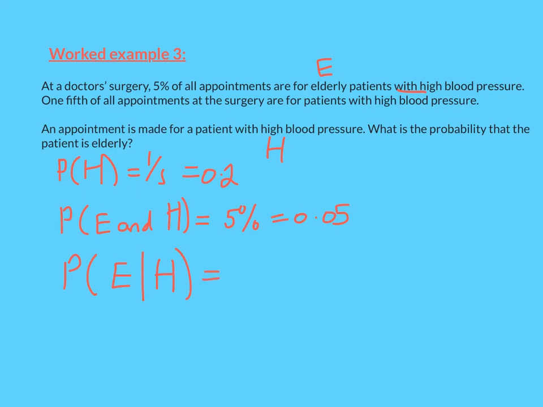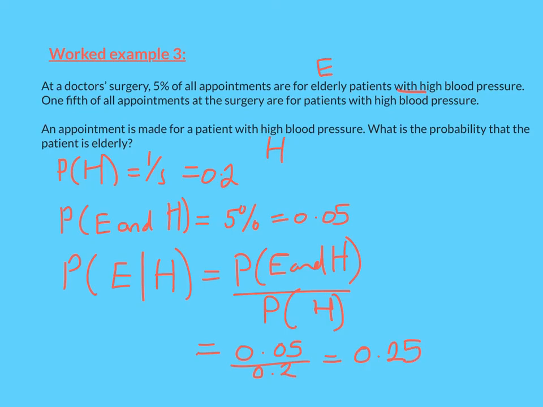So if we use our formula, this is the probability of E and H all divided by the probability of H. So we've got 0.05 divided by 0.2, which is 1/4, 0.25. So the probability that this particular patient is elderly is 1/4, or 0.25. So you need to be able to use this formula and practice using that. And you'll have a go at practicing that in a minute with some practice questions.